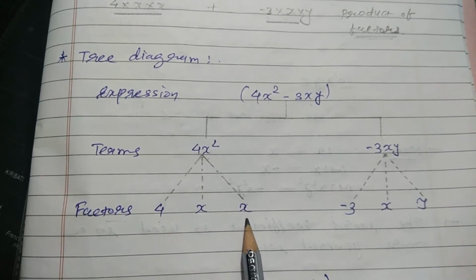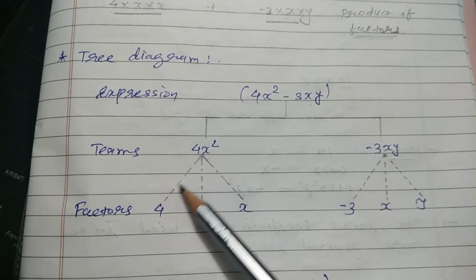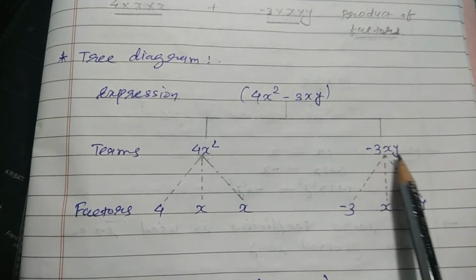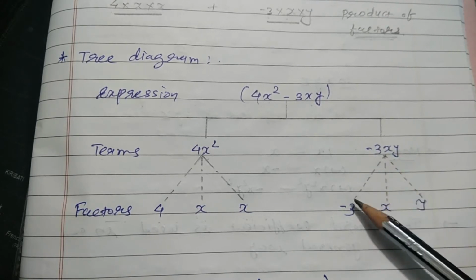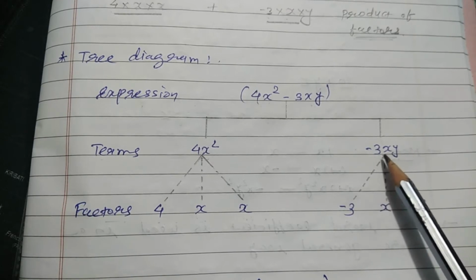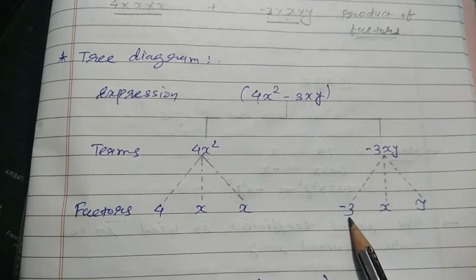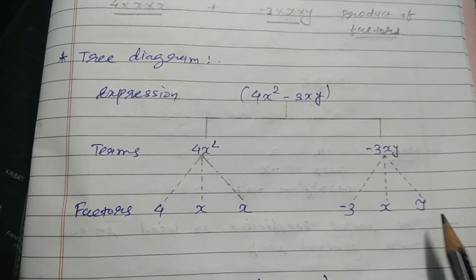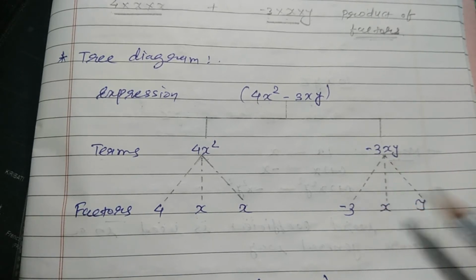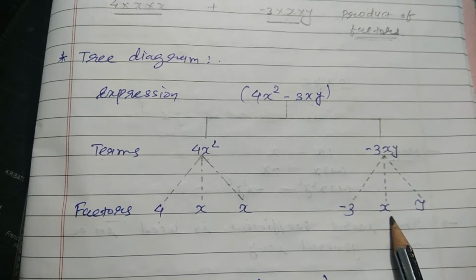So here the factors are 4, x and x. We have to represent them by dotted lines, keep in mind. Similarly in minus 3xy, there are three factors, minus 3, x and y. So we have to use dotted lines to represent minus 3, x and y.